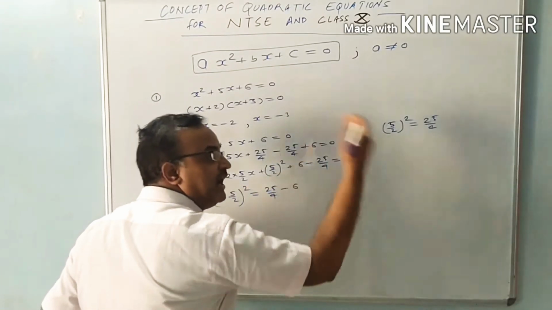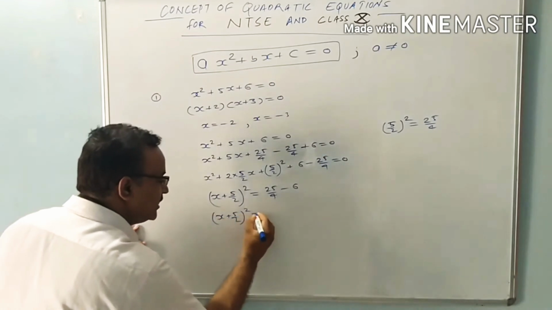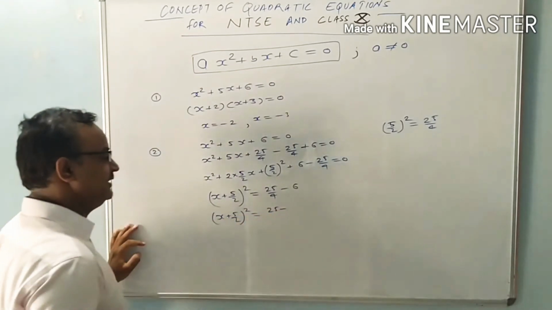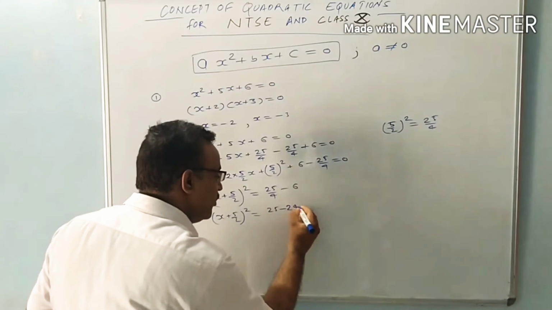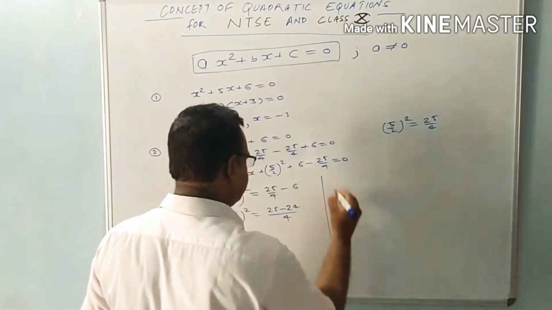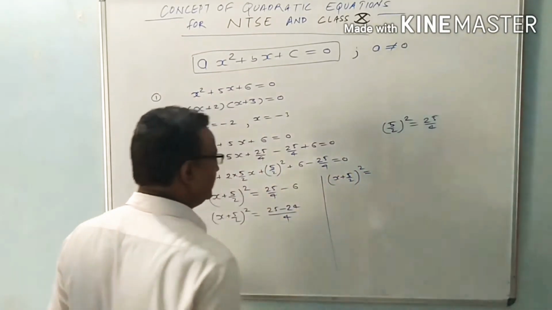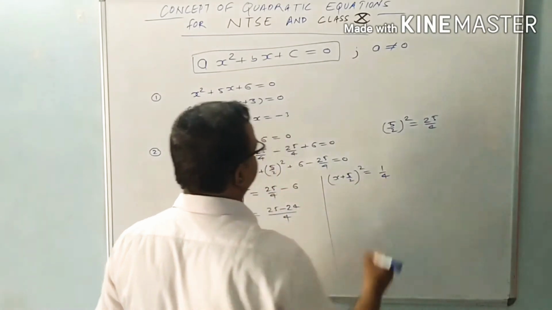When we write it on the RHS, (x plus 5 by 2) whole square is equal to (25 minus 24) by 4. So the value of (x plus 5 by 2) whole square is equal to 1 by 4.